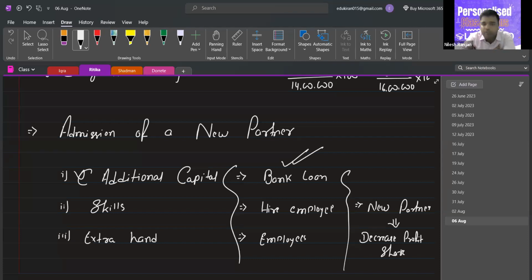In case of a partner, we don't have to pay such fixed expenses, because fixed expenses generally increase your risk in the business.